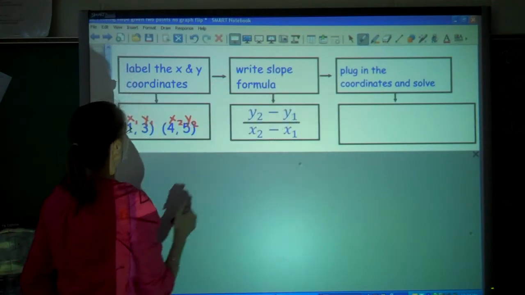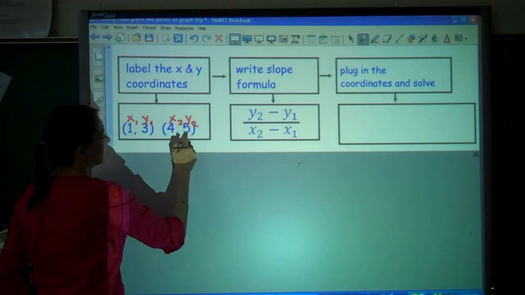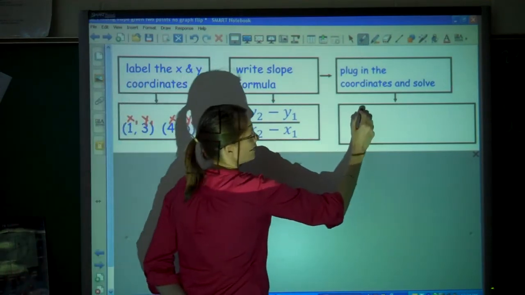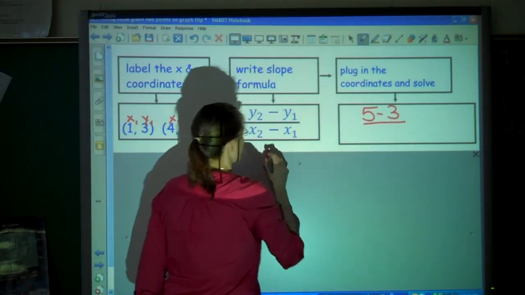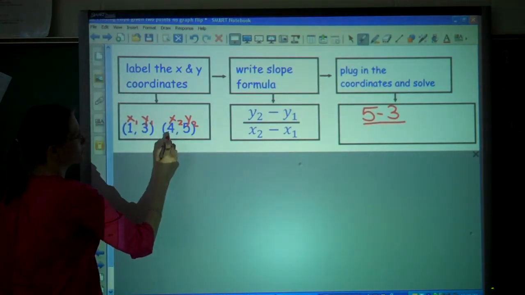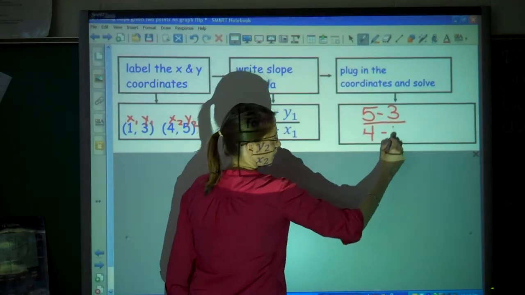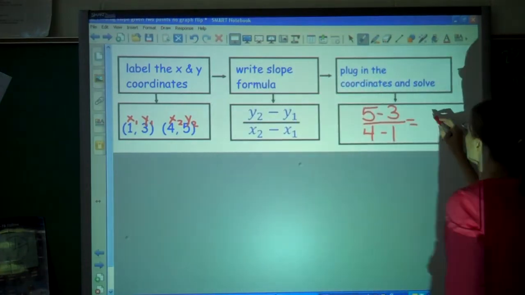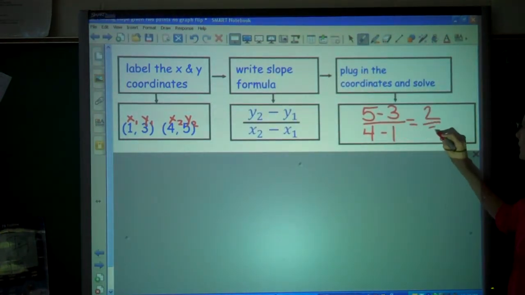And I'm going to plug in my coordinates, so y2 minus y1, so y2 is 5, minus y1, which is 3, so 5 minus 3 over x2 minus x1, so x2 is 4, x1 is 1, so 4 minus 1. 5 minus 3 is 2. If I need to, I can stick it in my calculator. 4 minus 1 is 3.